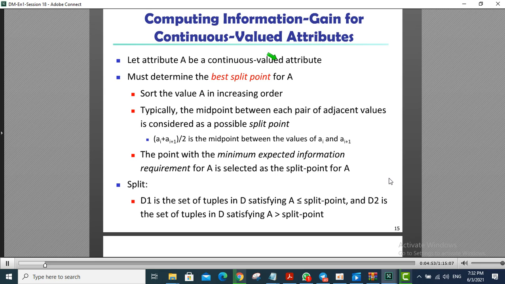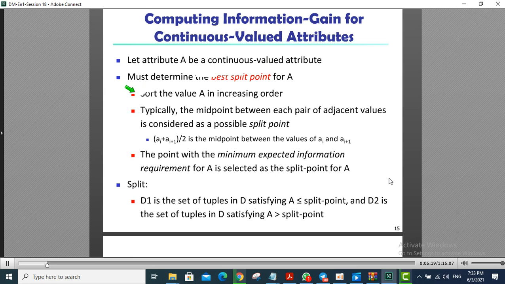We have to split those continuous values into some areas, and then use those split points to partition the data and create the tree.